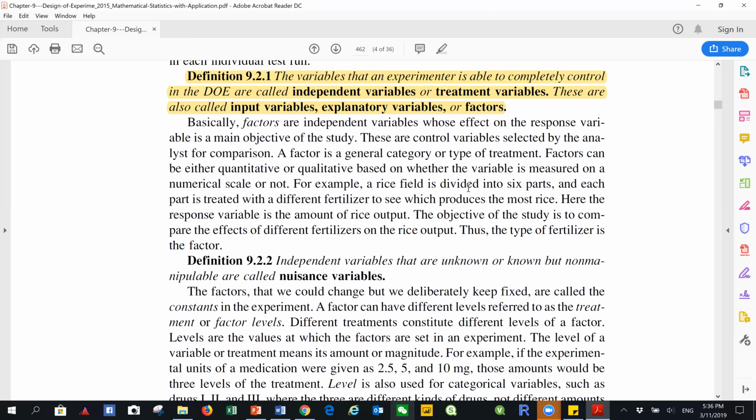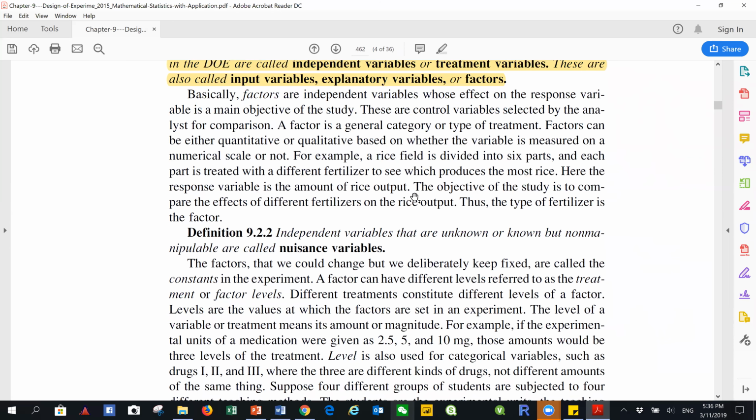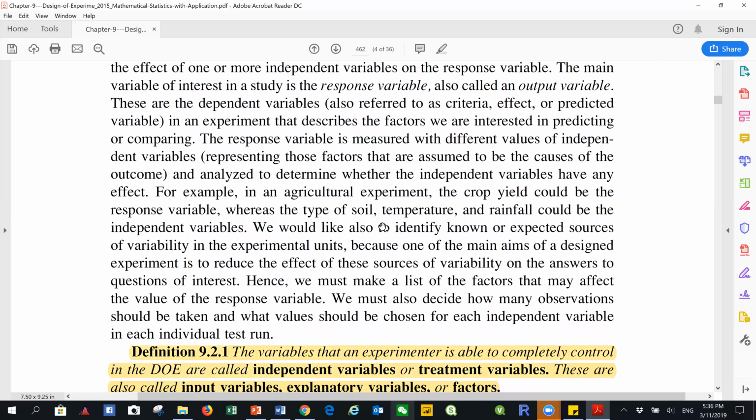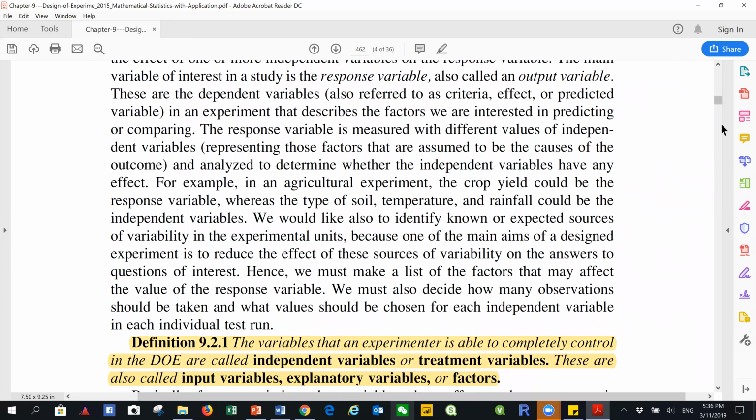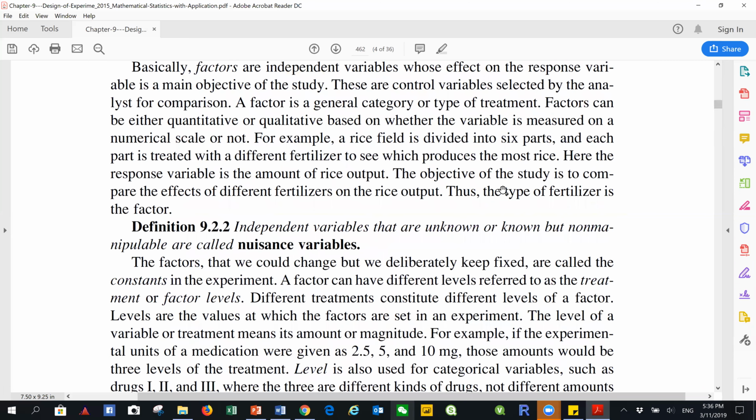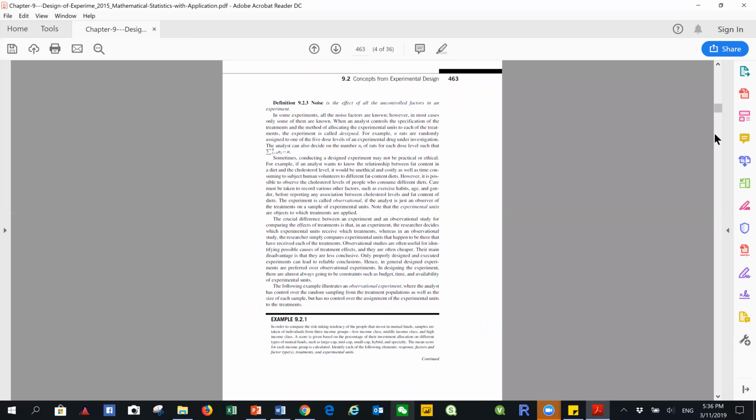Also, we refer to them as input variables or factors. Okay. And then variables that are known but non-manipulable are called nuisance variables. There are some factors that we cannot manipulate, so these are nuisance variables. Okay. All right.